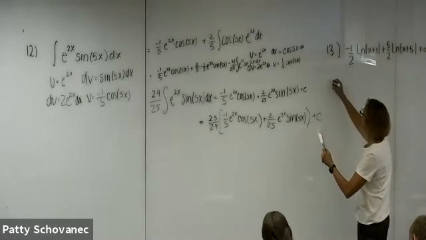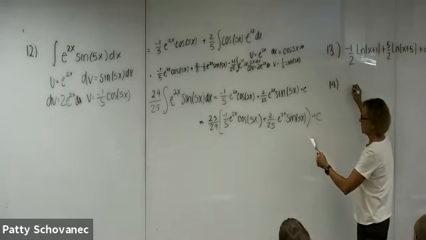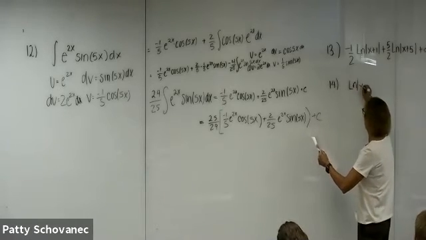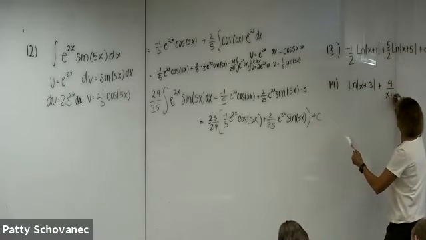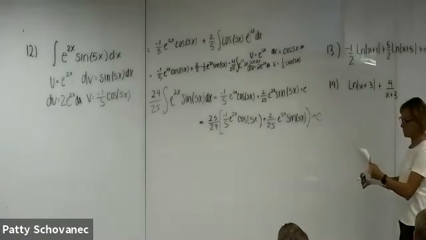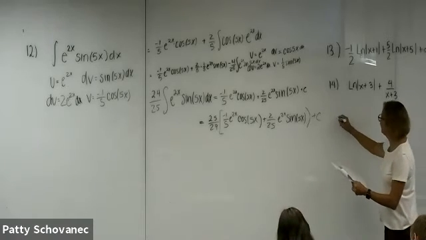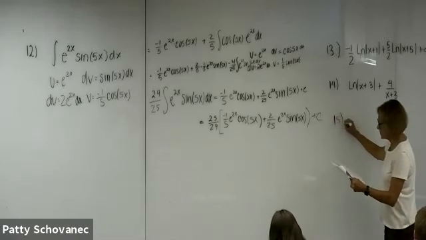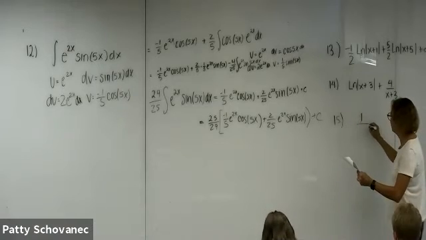Number 14, you get the natural log of x plus 3 plus 4/(x plus 3). That just had a repeated factor rule. And then number 15, I think I did by completing the square. You complete the square on that one, you get a known integral.